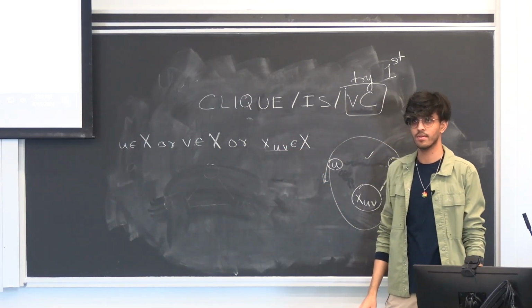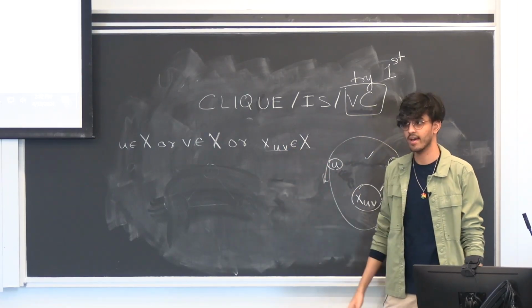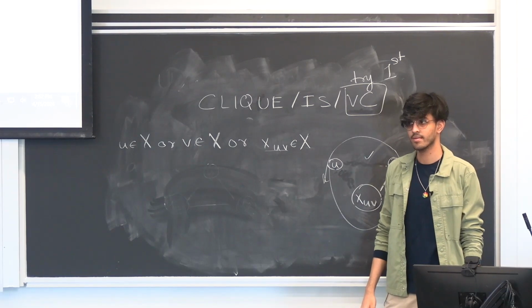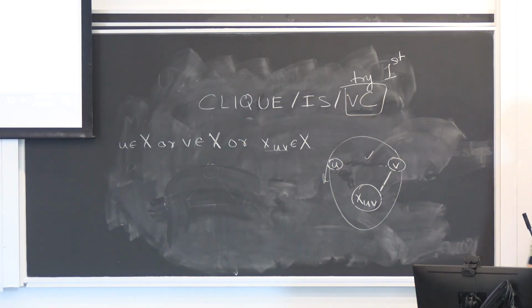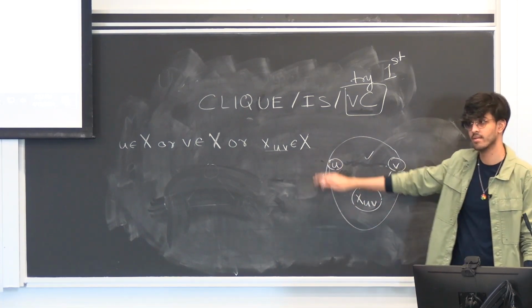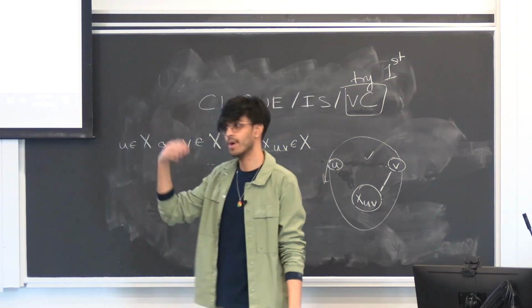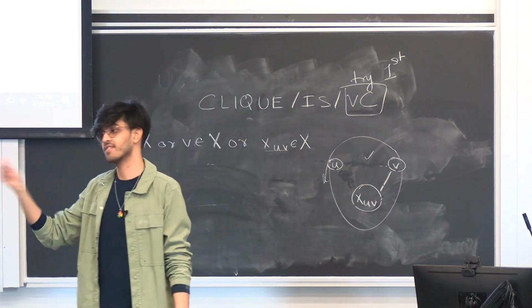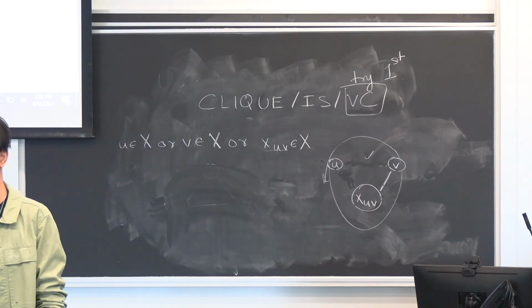What do we need to do? Can I claim that it's fine to not have XUV here? Can I claim that I don't need XUV? From X, I can create a new X prime that doesn't contain any XUV nodes. Can you make that happen?